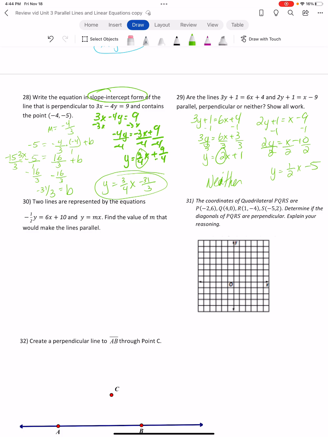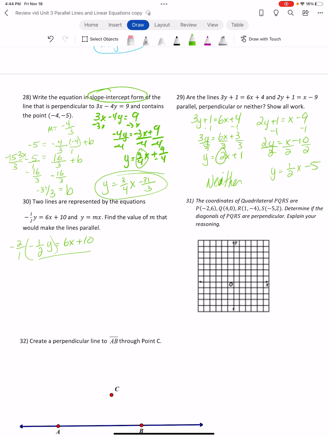This next one, it says two lines are represented by the equations. Find the value of m that would make these lines parallel. We have negative 1/2 y is equal to 6x plus 10. I want to find the slope of this line right here, so I'm going to put it in slope-intercept form.